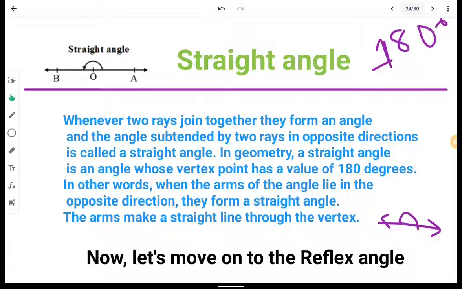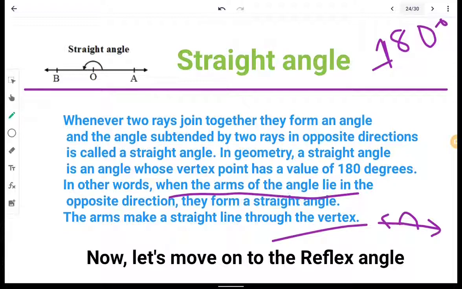In other words, when the arms of an angle lie in the opposite direction, they form a straight angle. This is the easiest explanation you can give. It's an awesome explanation. Oh, I'm bad at drawing straight lines. The arms make a straight line through the vertex, obviously.